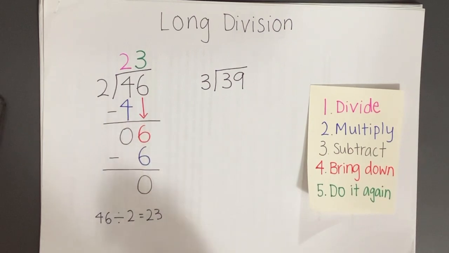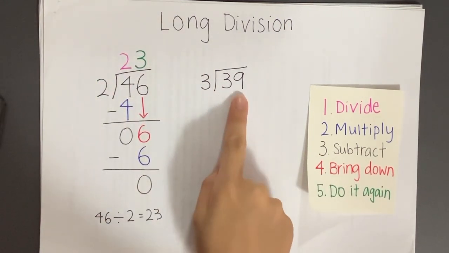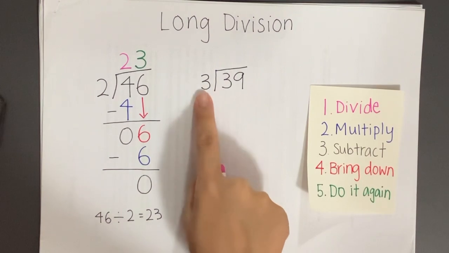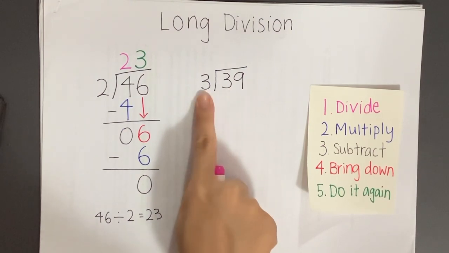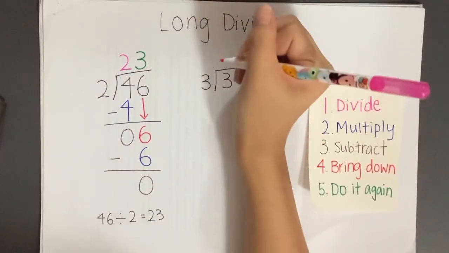First step, I divide. Should I start with my 3 or my 9? Remember, we always start with the number that is the closest to the number that we are dividing. So I will start with 3. What is 3 divided by 3? So the answer is 1.